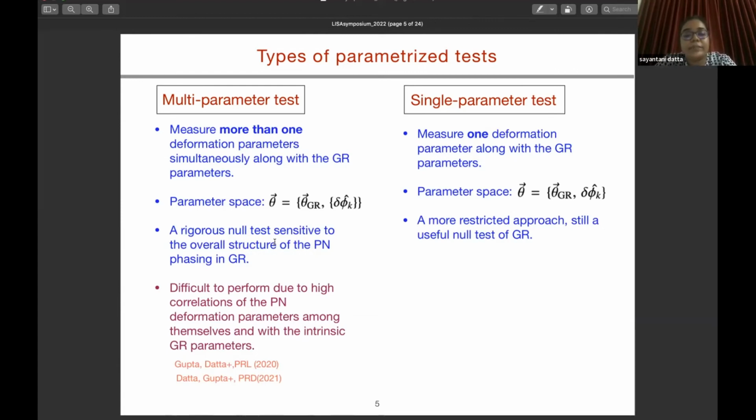However, it's really difficult to do this because of the correlations between the deformation parameters. But we did show in these two papers that one can really do a full multi-parameter test where all the deformation parameters up to 3.5 PN can be measured, but using multi-band candidates.